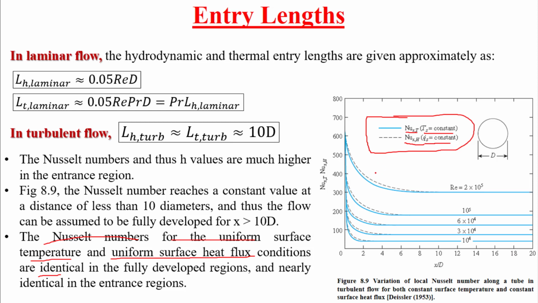And both of them, this is the dashed line, constant heat flux, and this blue continuous line is constant temperature. Both of them are identical in the fully developed region and nearly identical in the entrance region. There is no big difference actually between them. Okay, they are very close to each other.